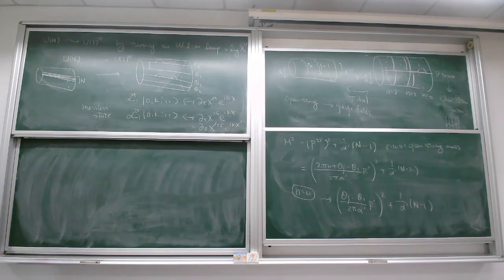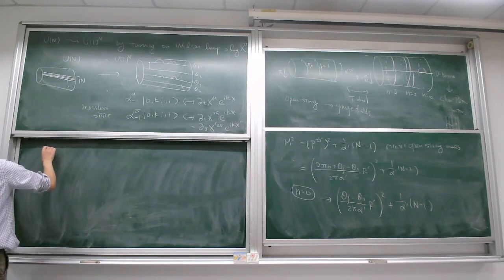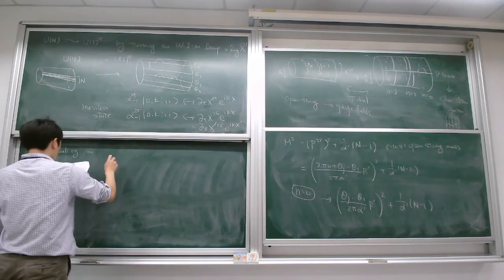Yeah, so let's look at the relation. So this is all bosonic strings. Let's look at the superstring. Okay, T-duality in superstring.